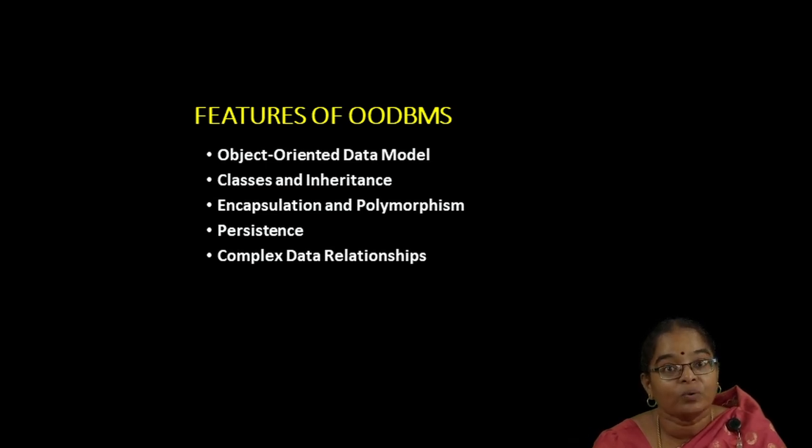Many people are using the ATM and they are withdrawing different quantities of money. So, there is a complex relationship in this data. This can be easily simplified with the help of classes, persistency, inheritance and encapsulation. This is a most important feature of OODBMS.